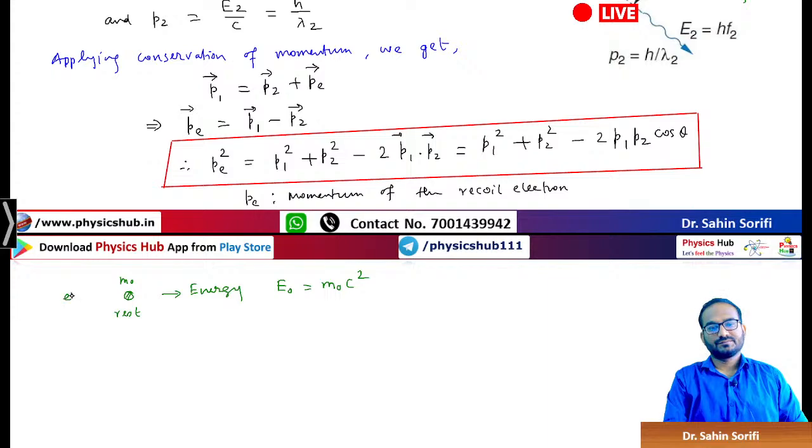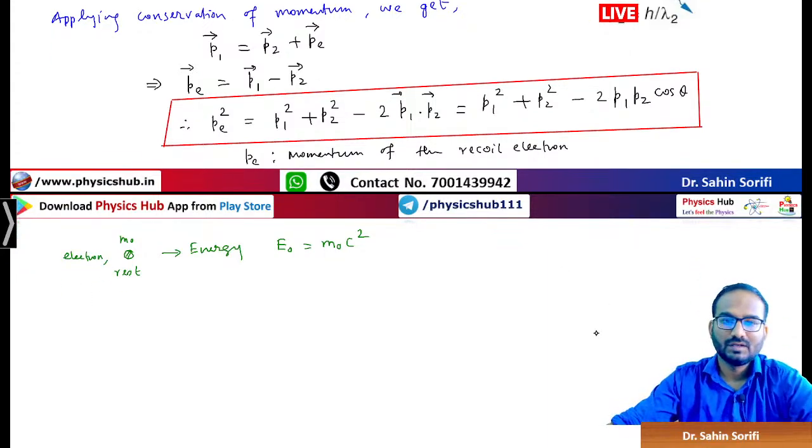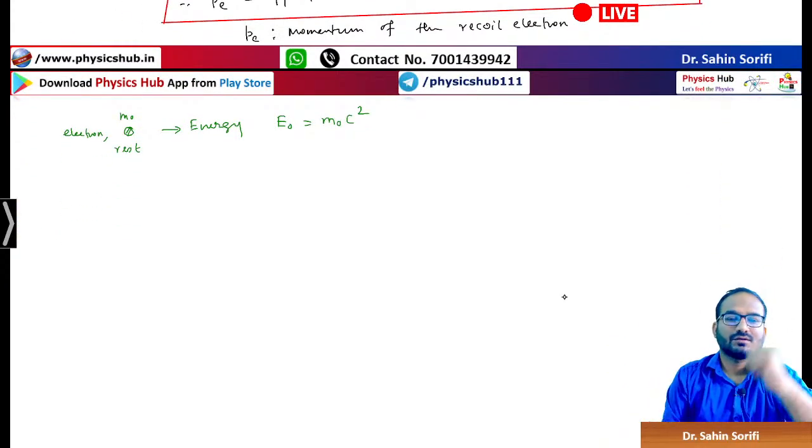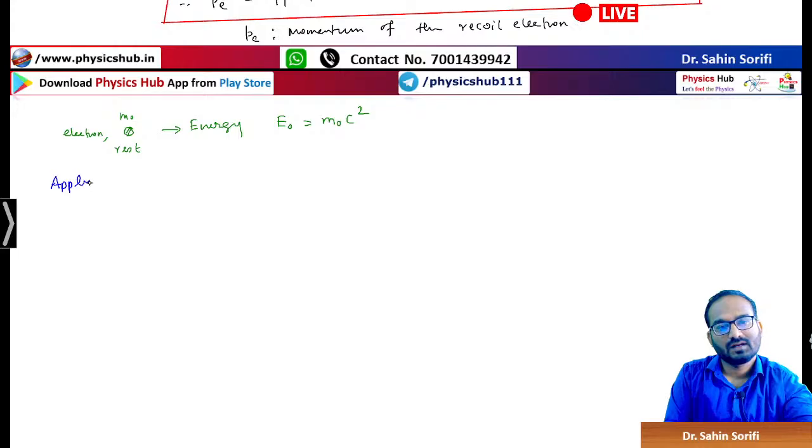This is your electron. Now we can apply the conservation of energy.